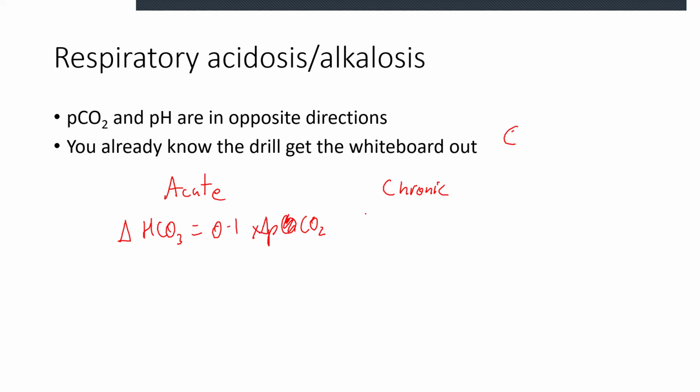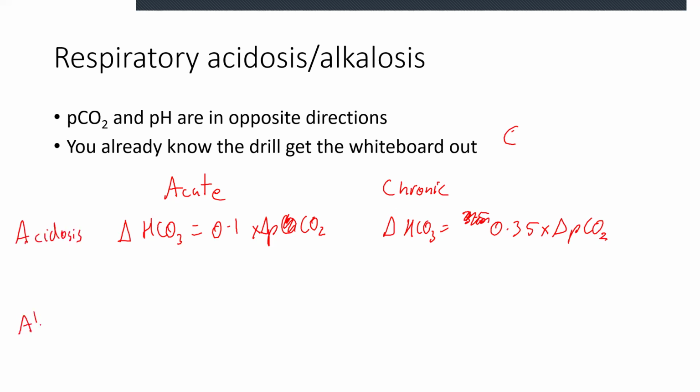Okay, the chronic compensation is going to be delta bicarb equals, actually, let's simplify the equation down a bit, 0.35 times the delta PCO2. So this is for respiratory acidosis.